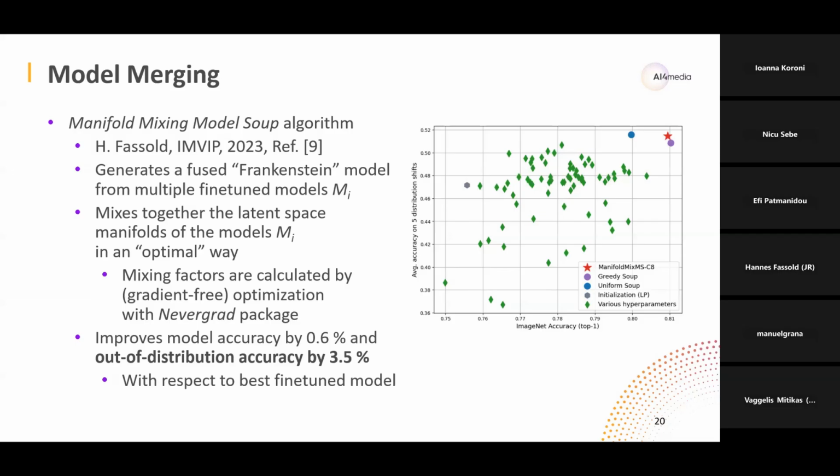It improves the model accuracy by about 0.5%, but the real change here, I would say, is that it improves the out of distribution accuracy by about 3.5%, which is really something, without ever having seen these out of distribution data sets. This is with respect to the best fine-tuned model.